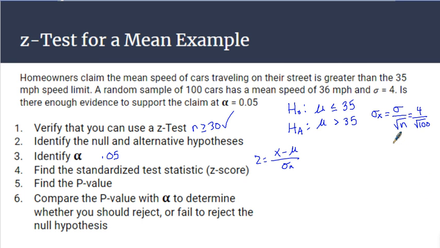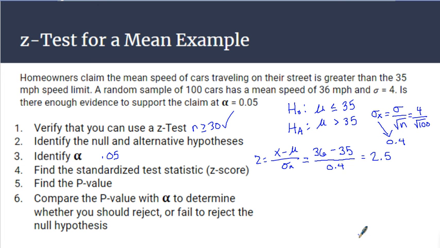When I do that, I get 0.4. So our standard error is 0.4. So in my z-score, our sample mean was 36, our null mean is 35, divided by the standard error of 0.4. That gives me a z-score of 2.5.